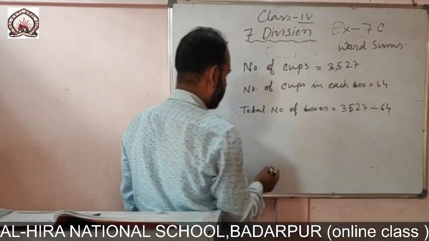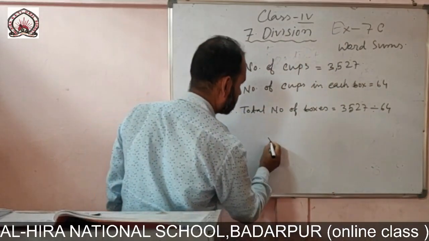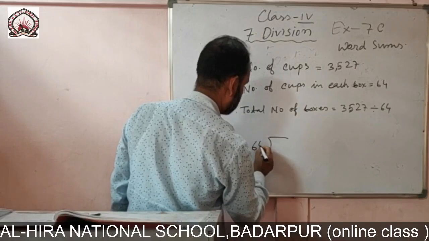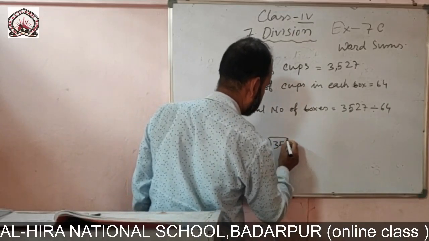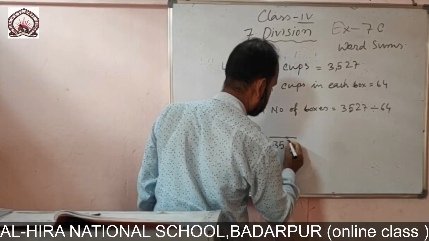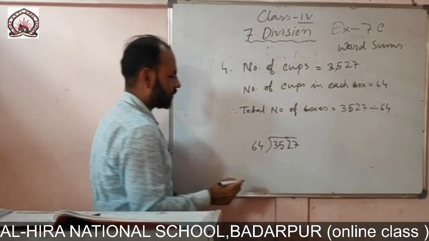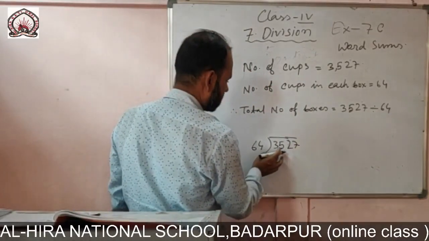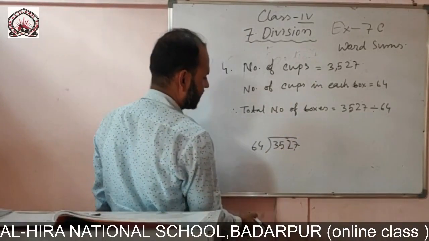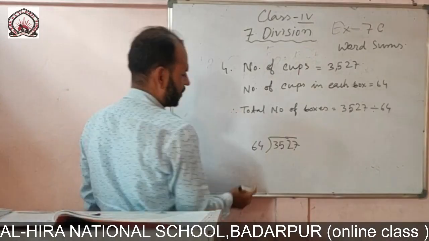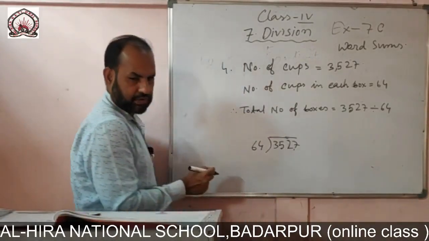We do divide, here we do divide 64 into 3527. So 64, there is two digits, then 35, we take one more digit, then it is 352. 64, how many times does it go?